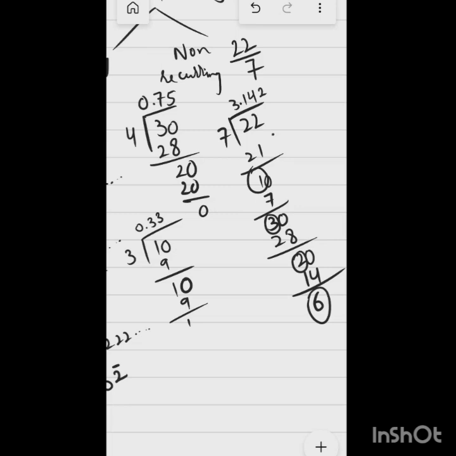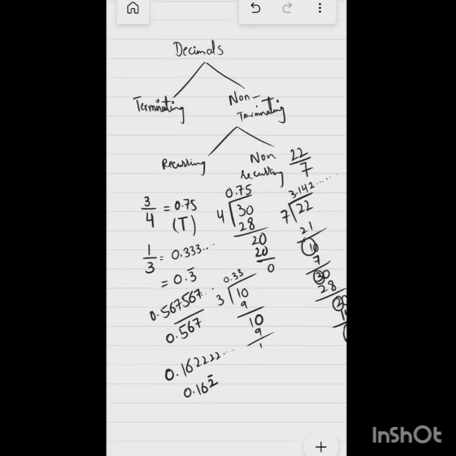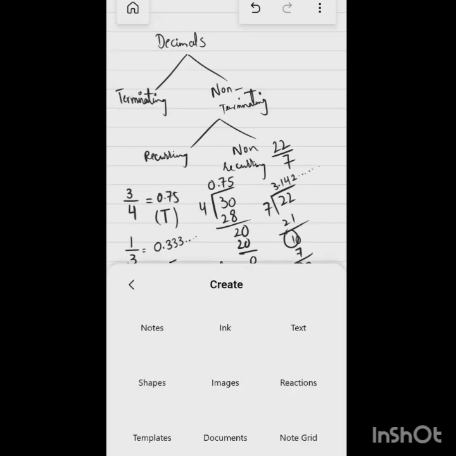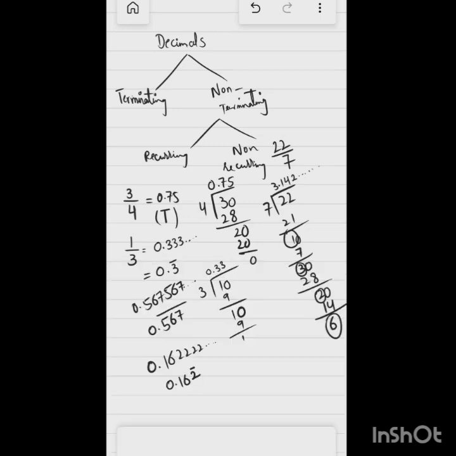Every time the remainder is different, so there cannot be any pattern. Every time we will get a different digit. So this is a good example of non-terminating, non-recurring decimals, right? Now because we are talking about rational and irrational numbers, which of these three types are rational and which is irrational?